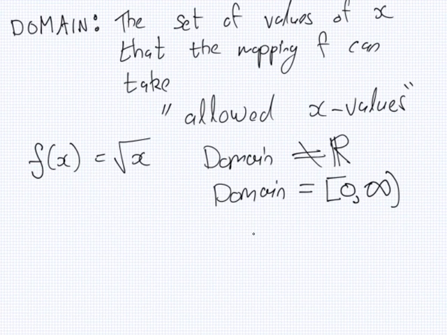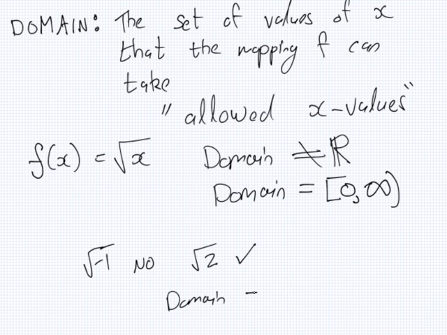You don't? No problem. Can you do this? No. Can you do this? Yes. So the domain is just what values you can use. Here, for example, you can use only positive, or you could use 0, but you can't use negative.